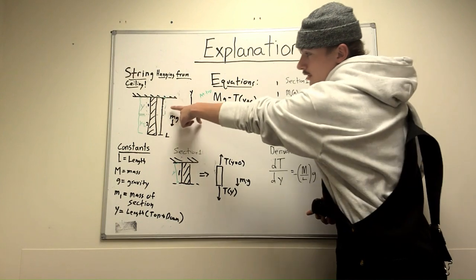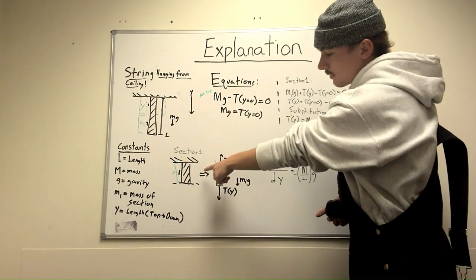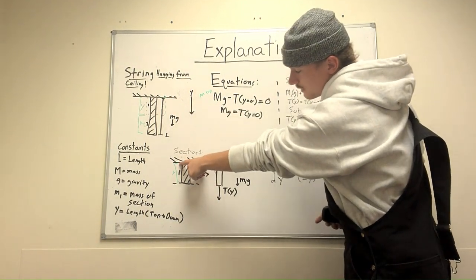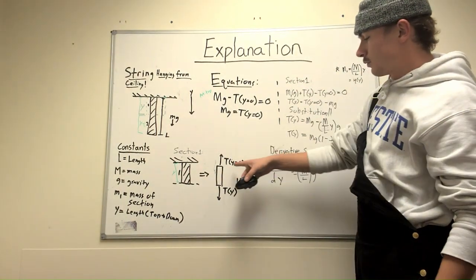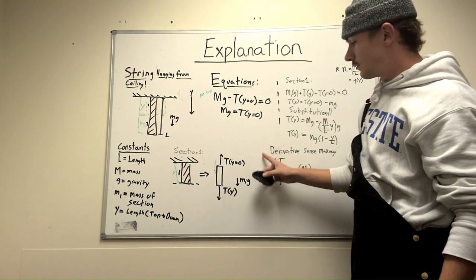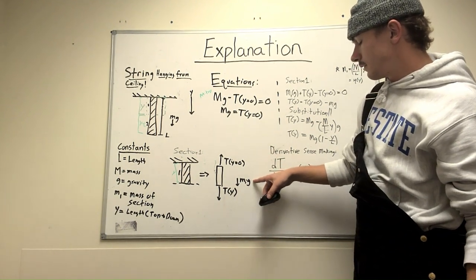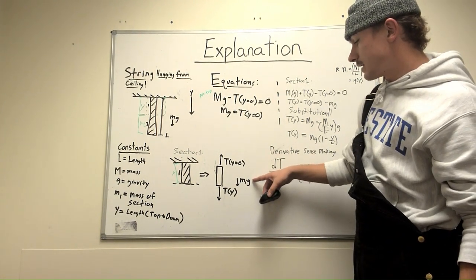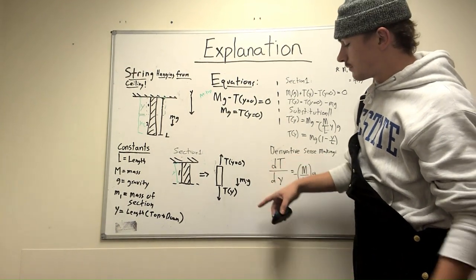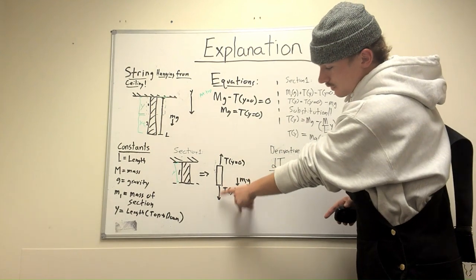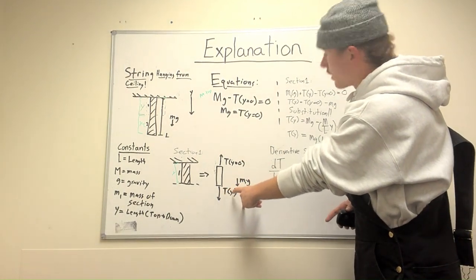Okay, now we're going to split the string up into sections. So over here, we have the section y. Now we have the overall length from the ceiling down with a length y. Then here's our free body diagram of this section. For the tension when y is equal to 0 going up at the ceiling, the force of gravity, the mass m1 of the section times gravity going down, and the tension of the rest of the string below, which is T of y.